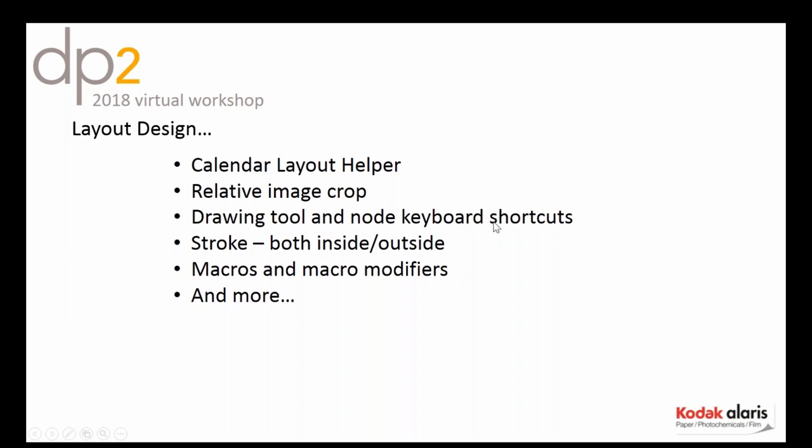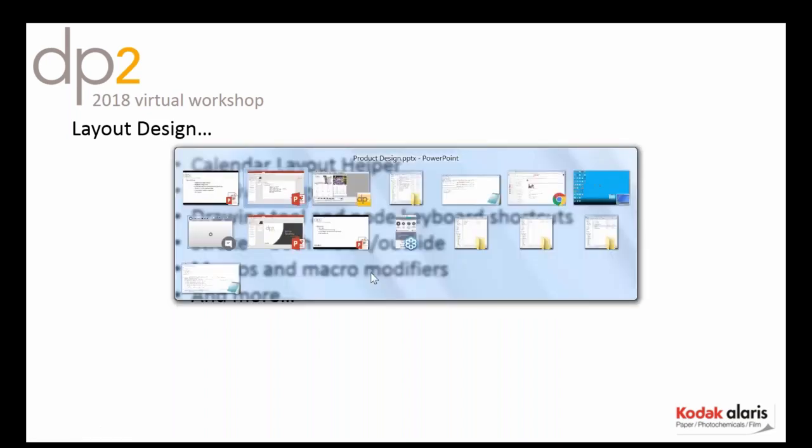So I went to Tom and I found out how long they had been there, because I really had no idea, and it has been, I don't know, many versions. But again, none of that matters, because if it's new to you, consider it brand new functionality that you can start taking advantage of. Strokes can be implemented both inside and outside, pretty minor, but it's something to make you guys aware of. And I have macros and macro modifiers to share with you along the way.